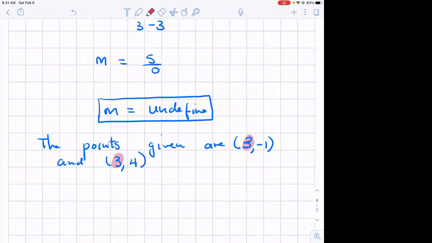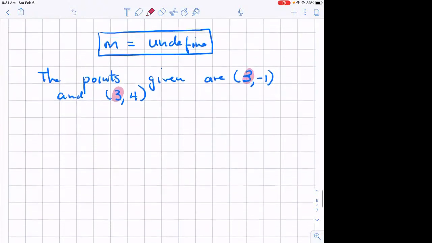So when you subtract them, you would get a 0 in the denominator. So what does it mean that it's undefined? What does the line look like? Well, let's plot the points.